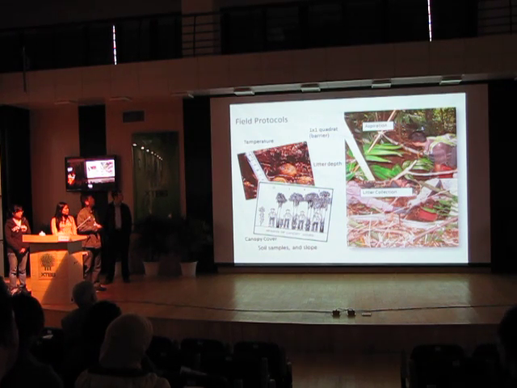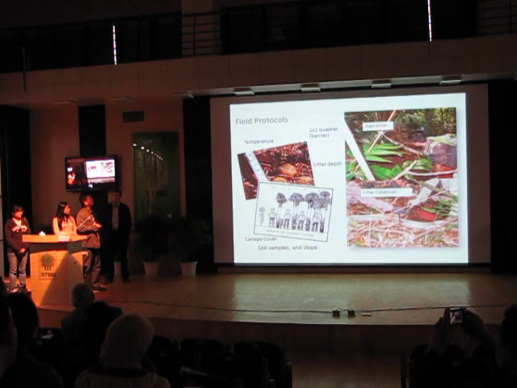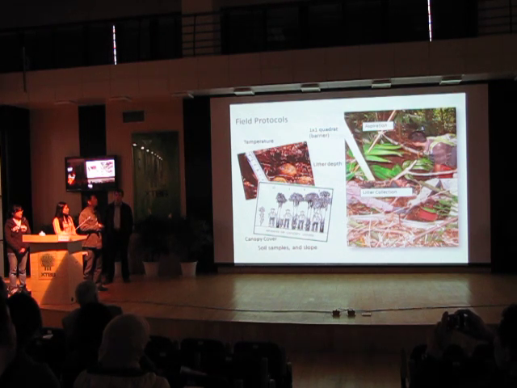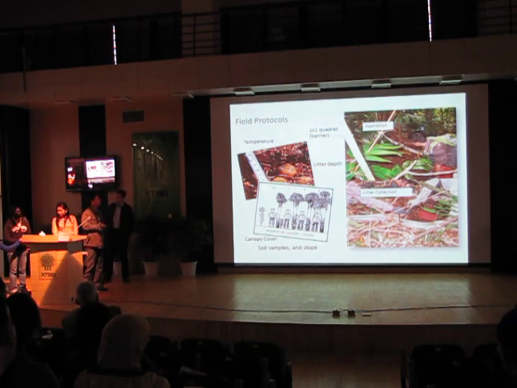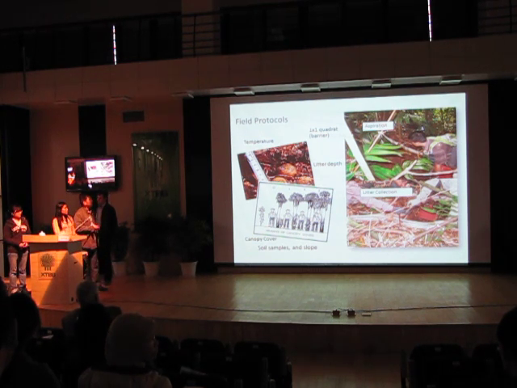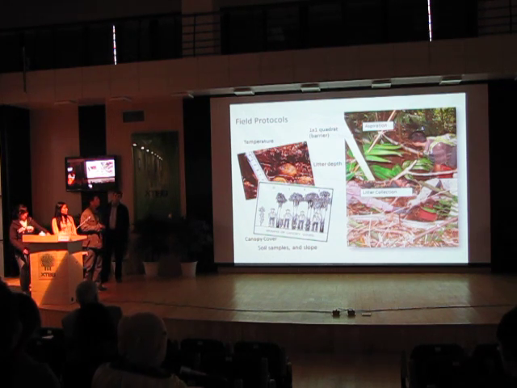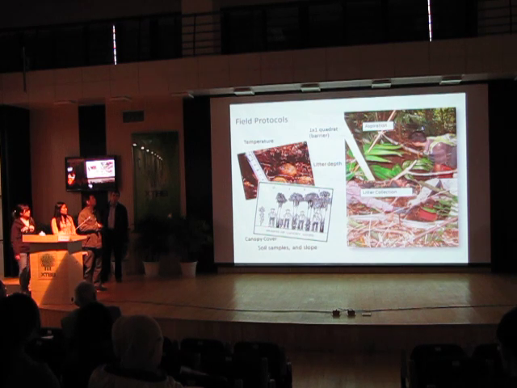We used a 1 by 1 meter quadrat to stop insects and spiders from escaping. Inside the plot we caught spiders and webs and collected the litter from the subplots. We also collected soil samples from the subplots.